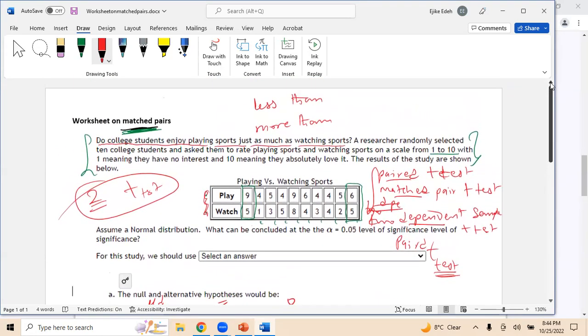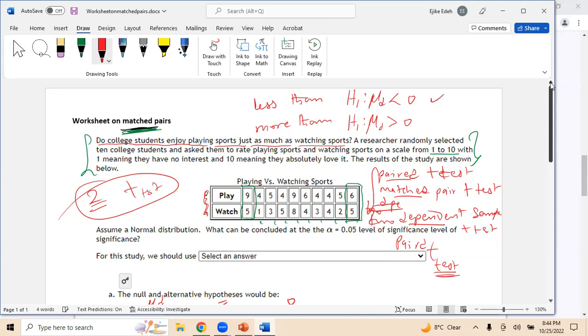But if the question is framed as this, do college students enjoy playing sports more than watching sports? Then your alternative hypothesis would be written as mu d greater than 0. Right? Okay. If the question is framed the other way, do college students enjoy playing sports less than watching it? Then my alternative hypothesis would be written this way, right?